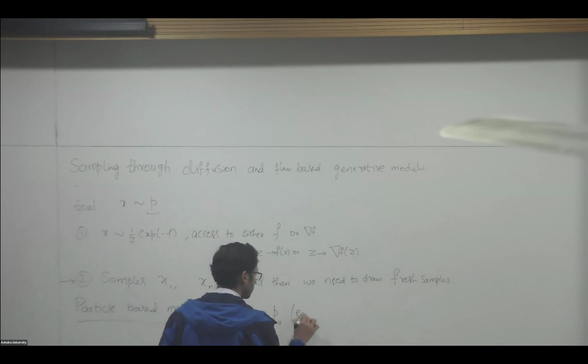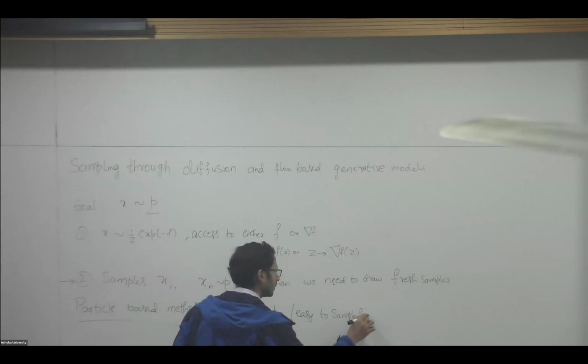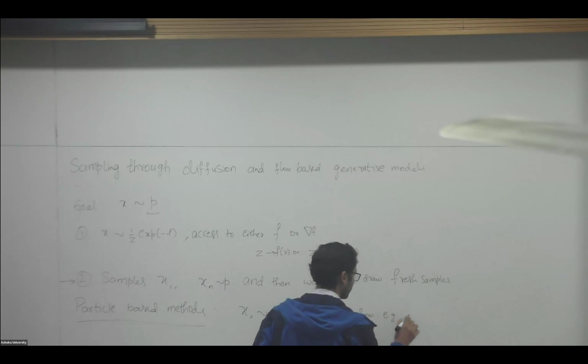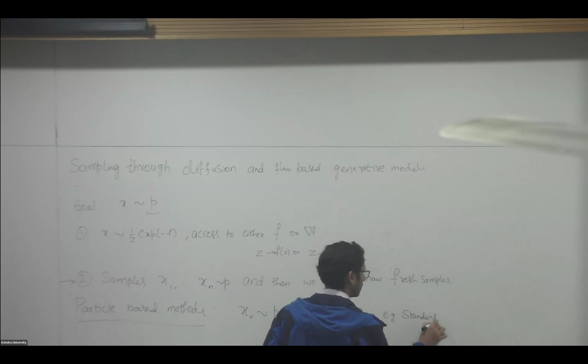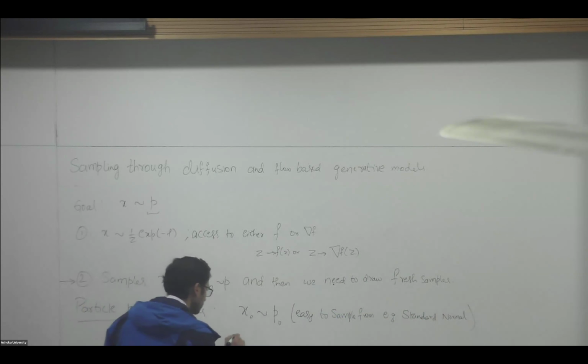So let's say this is easy to sample. For example, this could be a standard normal distribution, right? And then we evolve this X0 according to some SDE like this.